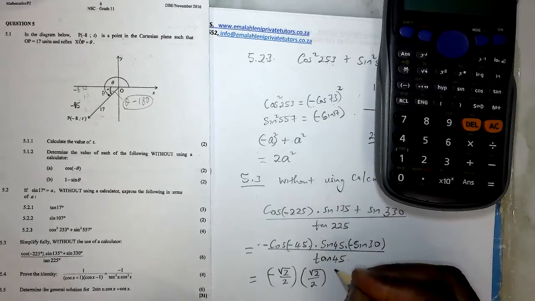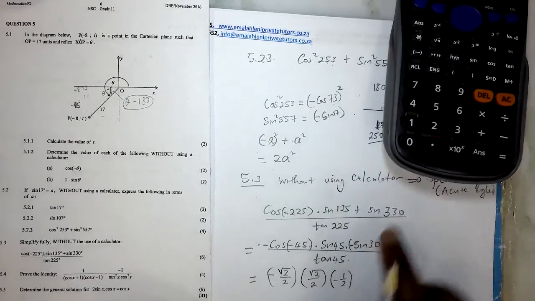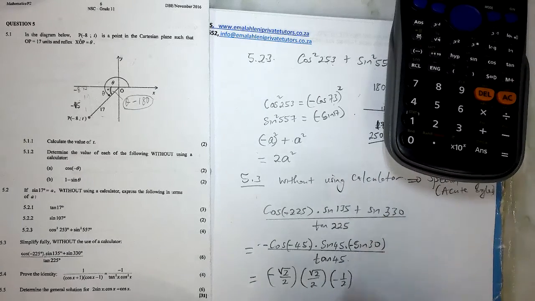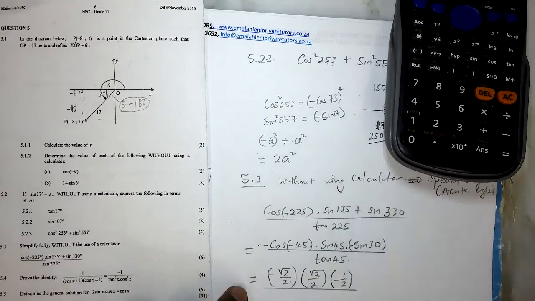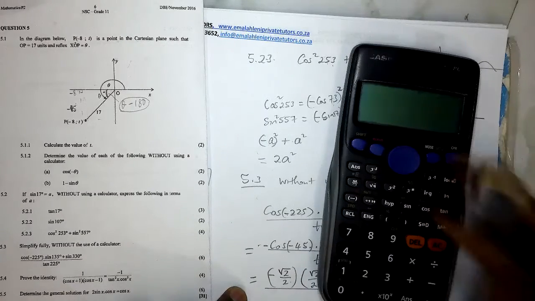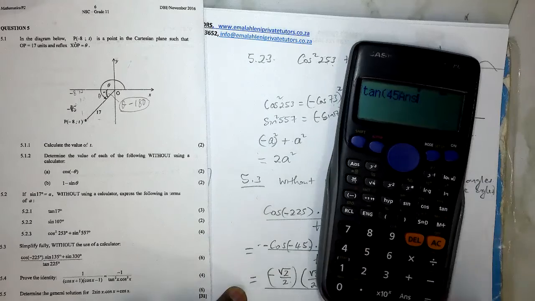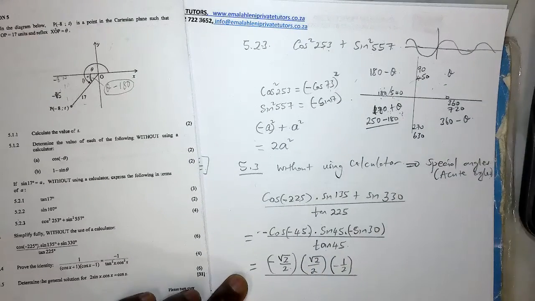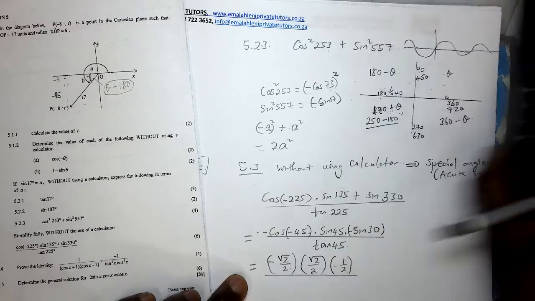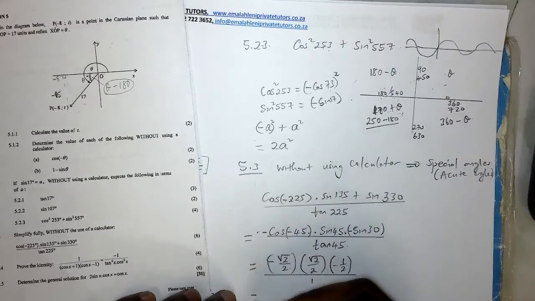It's going to be negative 1 over 2. I forgot to indicate that. Please don't forget here. Then tan 45 is 1. Then we have our 1 there.